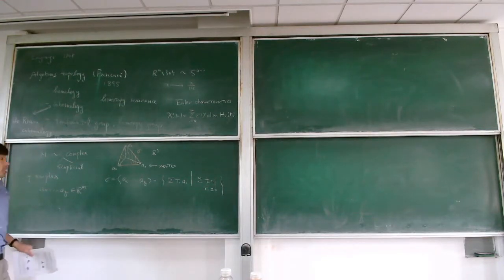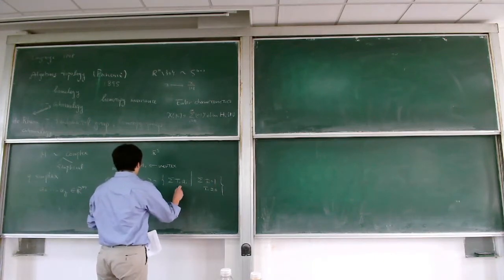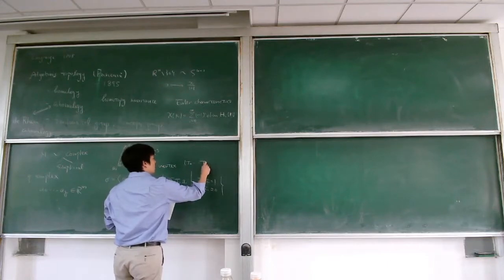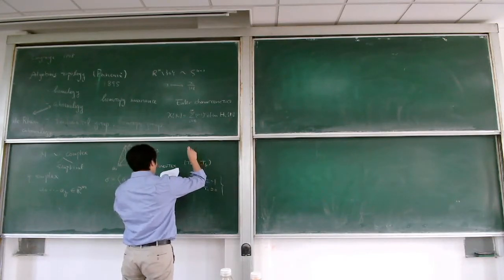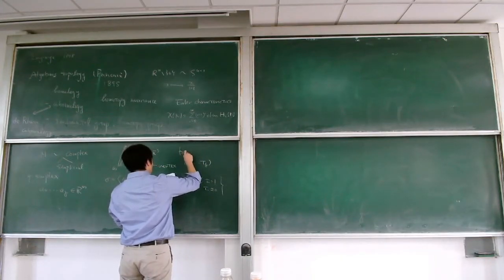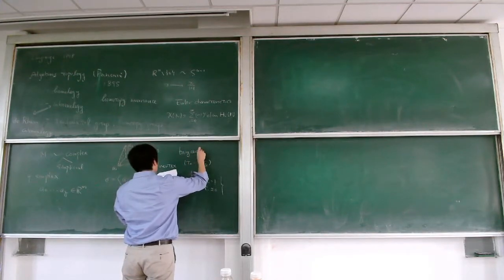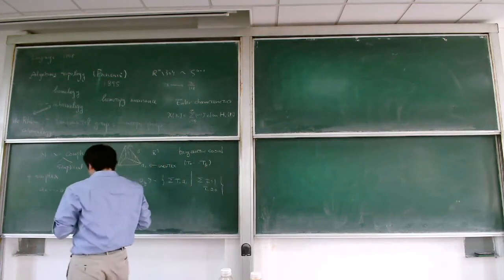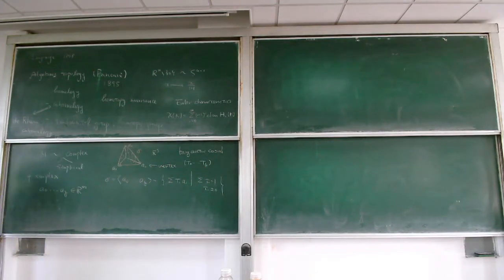And these t_0, ..., t_q are called barycentric coordinates.